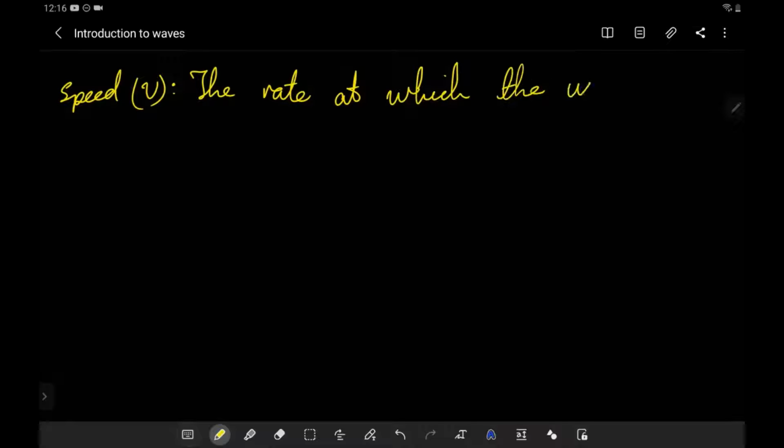This is the rate at which the wavefronts of a wave propagate.